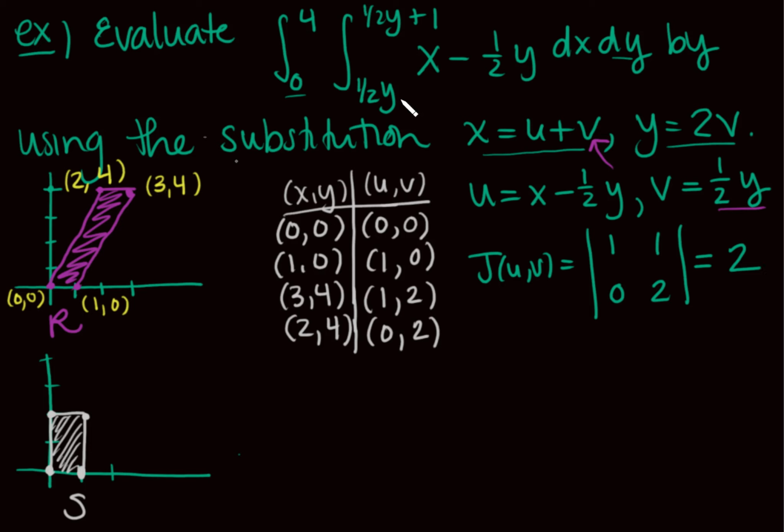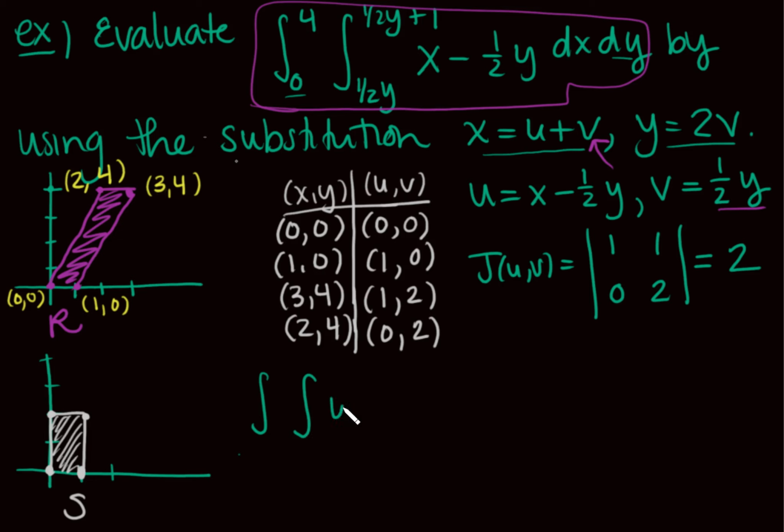All right, so what does all of this become? What I'm going to get then is this double integral. X is going to be replaced with u plus v, minus 1/2 of y, which is 2v. And then we can decide what to integrate first.